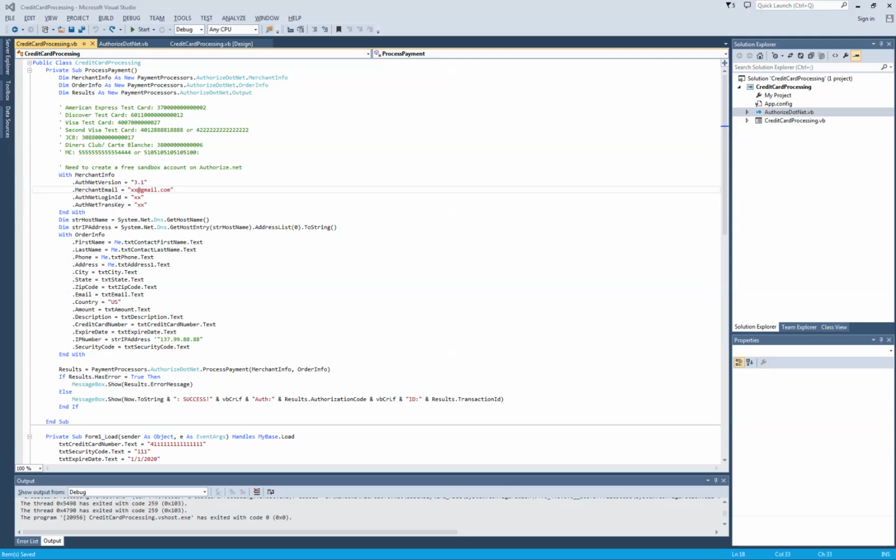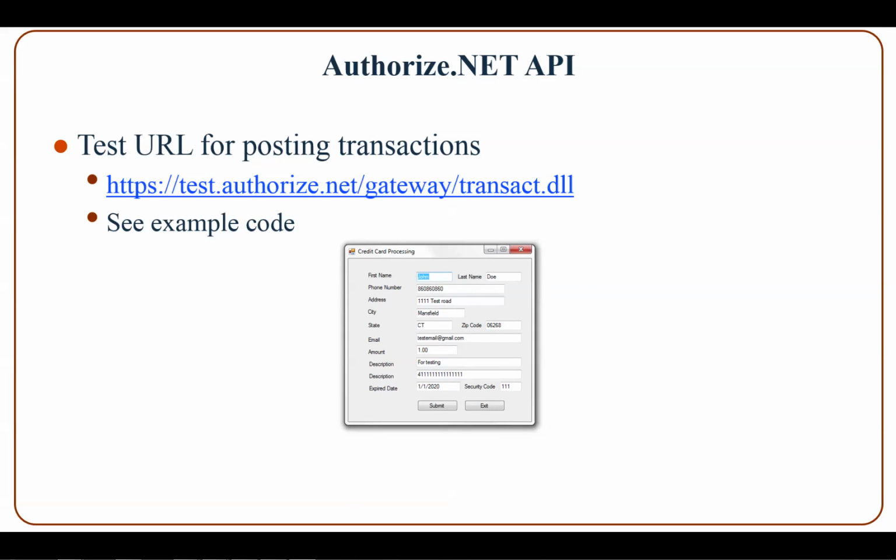This is the part where you have to fill in your email address, the login ID, and the transaction key. So I filled in the login ID and transaction key, and now when I click submit, it says success.